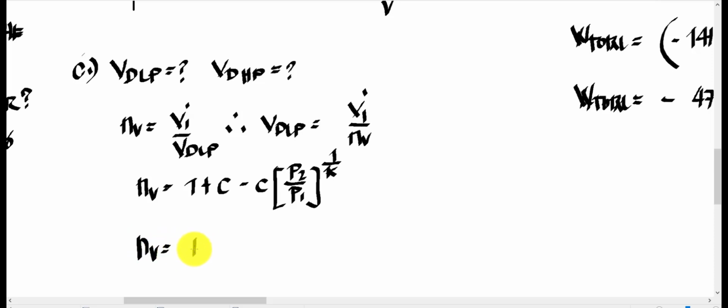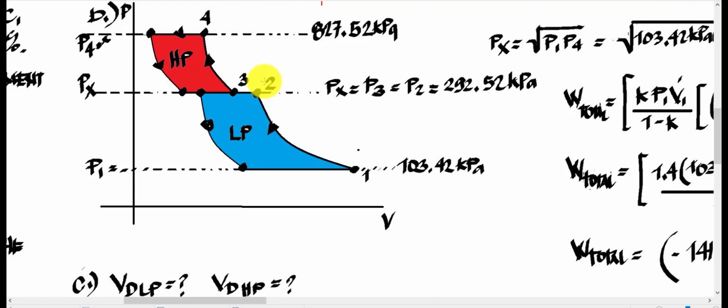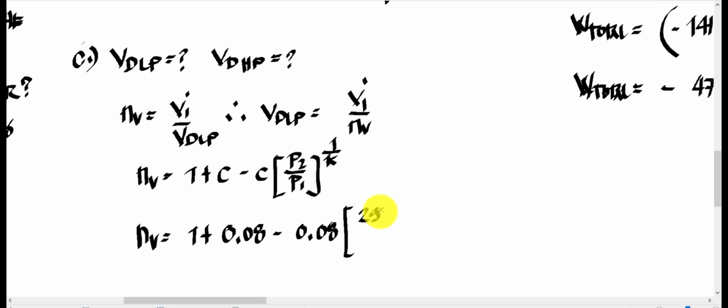So our volumetric efficiency now equals 1 plus 0.08 for your clearance, minus 0.08, multiplied by the ratio of pressure 2, which at this point is 292.52 kPa, divided by 103.42 kPa.